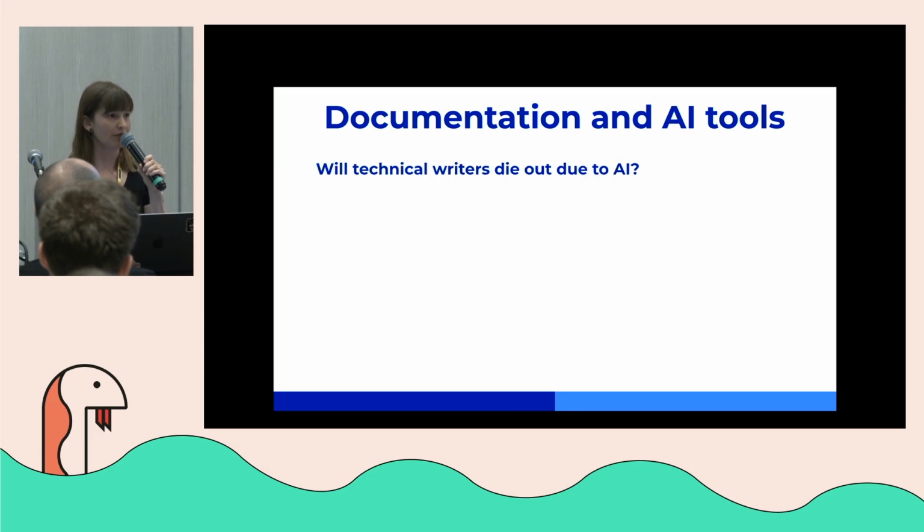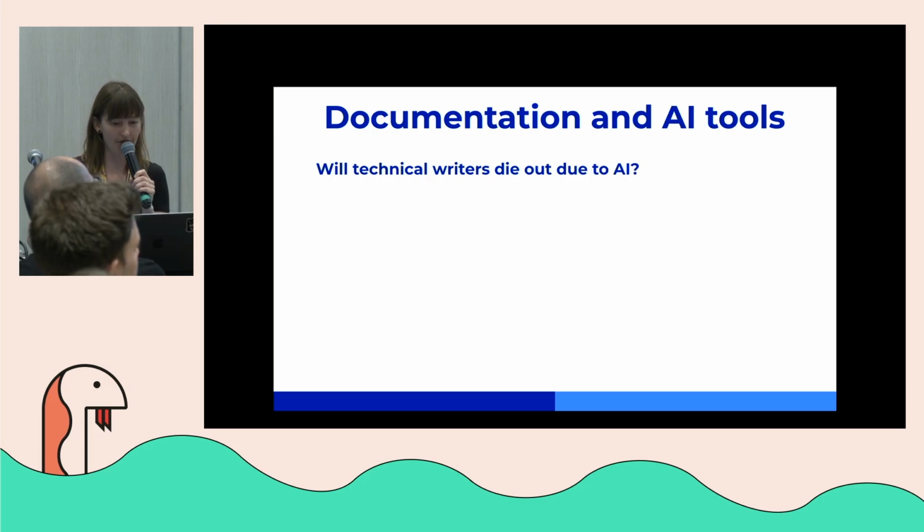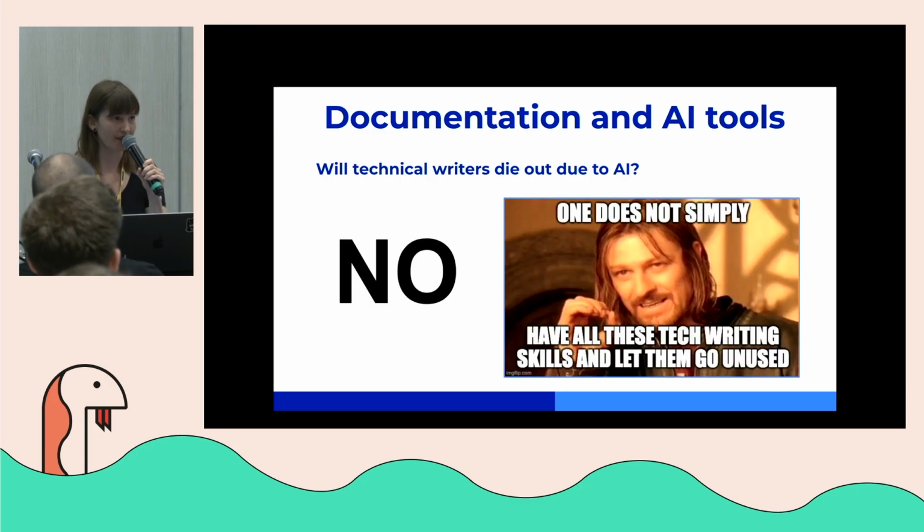And so maybe some people have been asking themselves, will technical writers die out due to AI? And in my opinion, no. Because as I said, you always need to keep the target audience in mind, and you really need to understand your target audience well. And AI tools have generally a very limited understanding of the target audience.